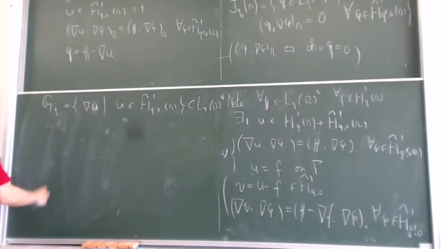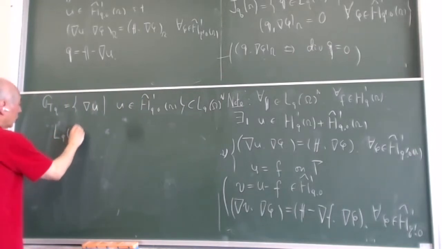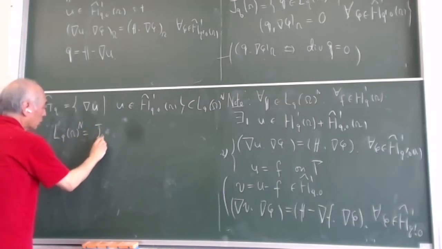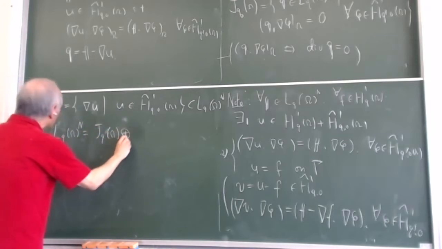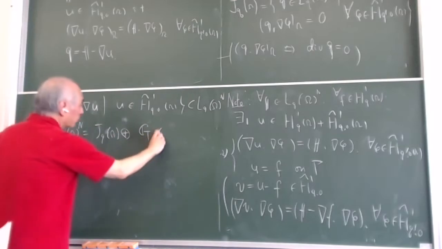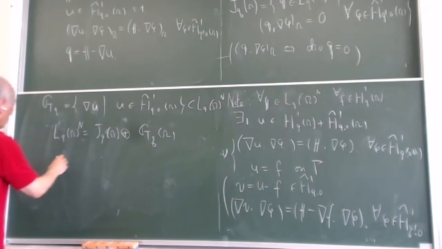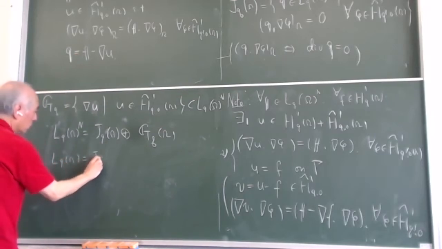Then the Helmholtz decomposition is the following. L^q(Omega)^n is decomposed into the solenoidal space plus this gradient space. This is the so-called Helmholtz decomposition. Of course, we know that L^q(Omega) is equal to J_q(Omega).